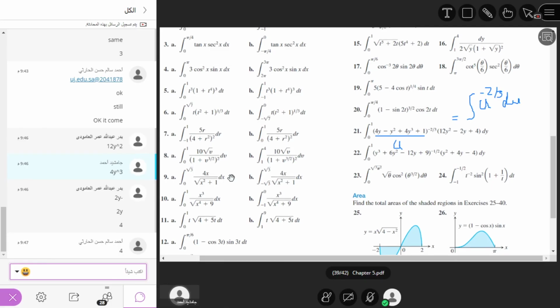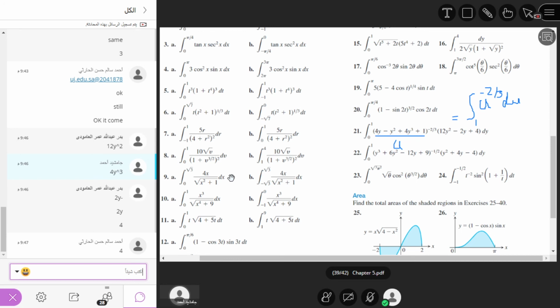Now what is the lower limit? Whenever I put lower limit 0, it becomes 1. What is the upper limit? 4 minus 1 is 3, plus 4 is 7, plus 1 is 8.